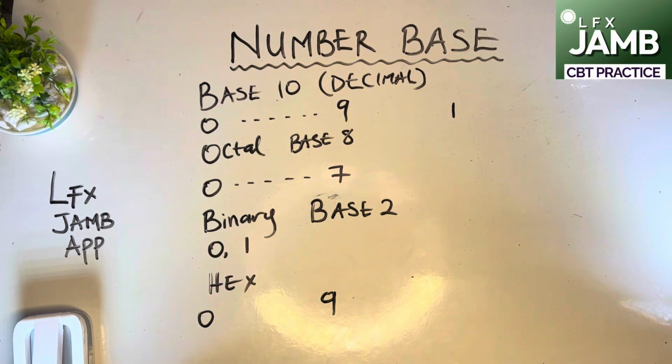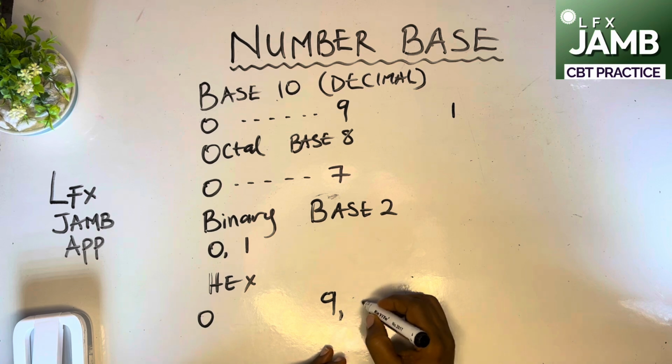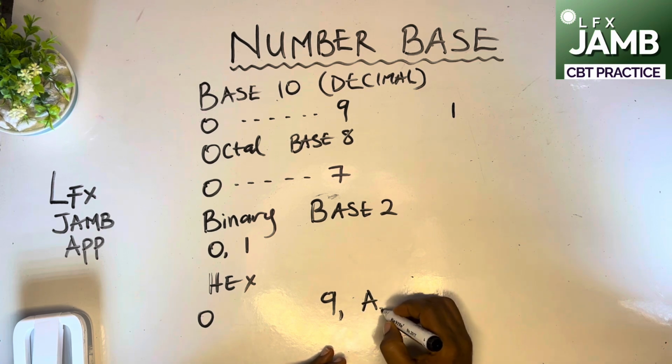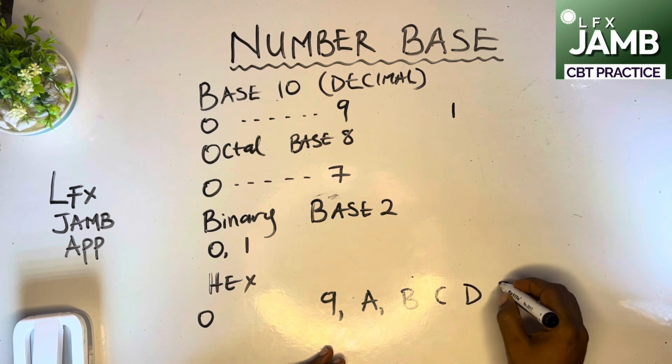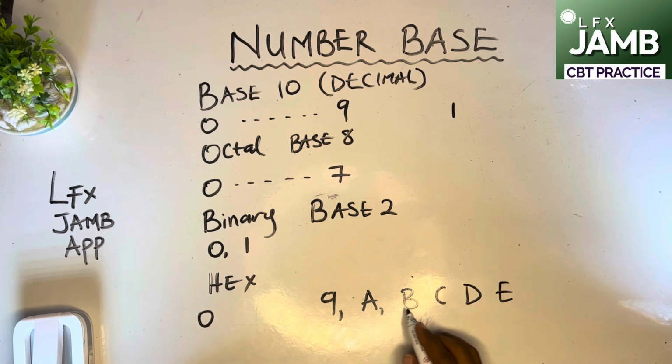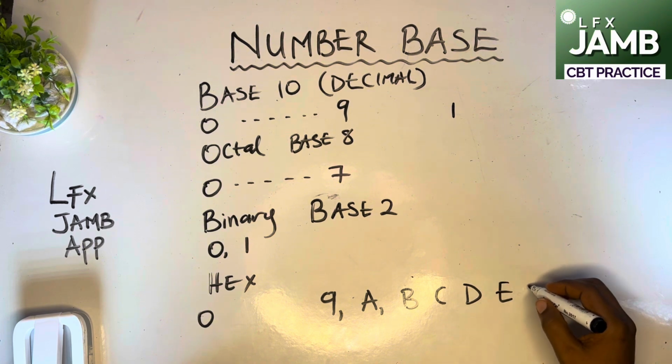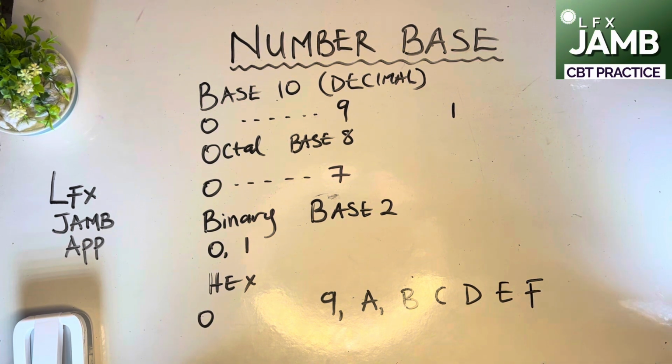Then after 9, we have A, B, C, D, E, so this is 10, 11, 12, 13, 14. Then F, 15. So we have from 0, 1, 2, 3, 4, 5, 6, 7, 8, 9, 10, 11, 12, 13, 14, 15.